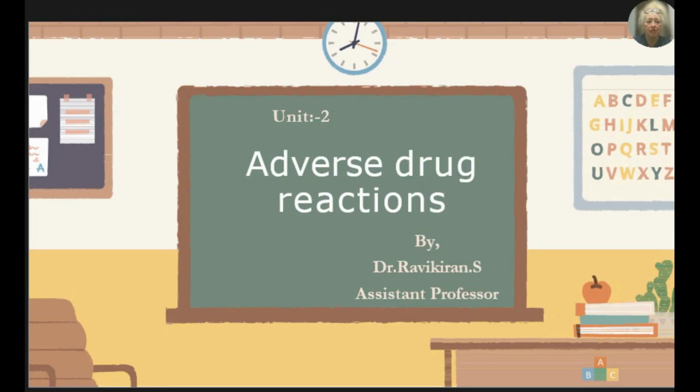A synergistic effect is when you have drugs A and B together, and their effect is greater than the sum of their individual effects. And potentiation is similar to synergism, but drug B has no therapeutic action by itself, and all it does is enhance the therapeutic action of drug A.